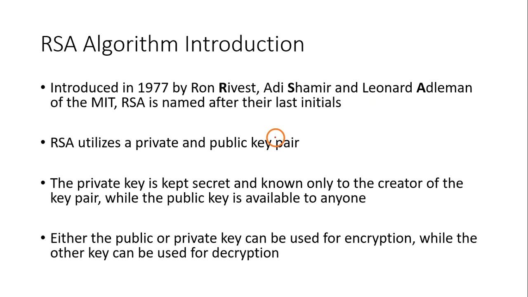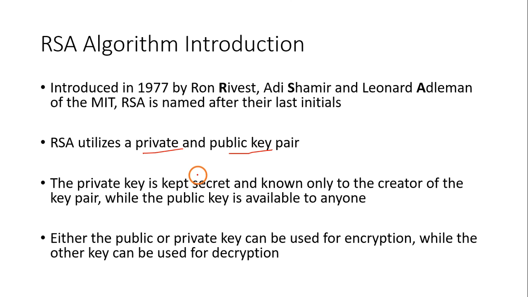Now let's see some important points about the RSA algorithm. It was developed in 1977 by three people called Ron Rivest, Adi Shamir, and Leonard Adleman. So you can see how it got the name RSA. As I already told you, RSA utilizes two keys. One is the private key, another one is the public key.